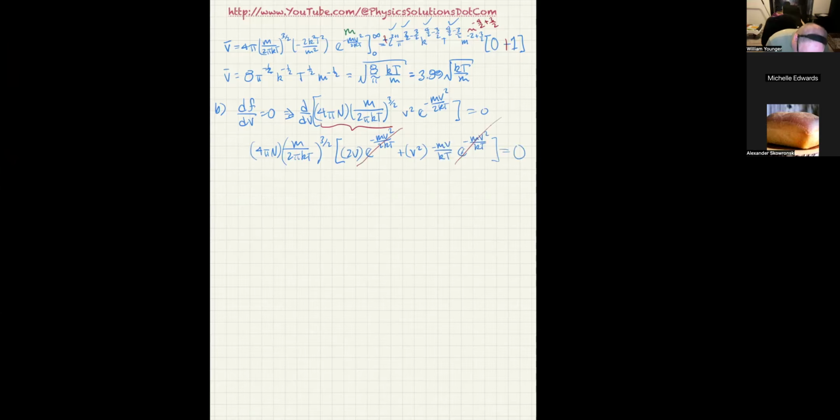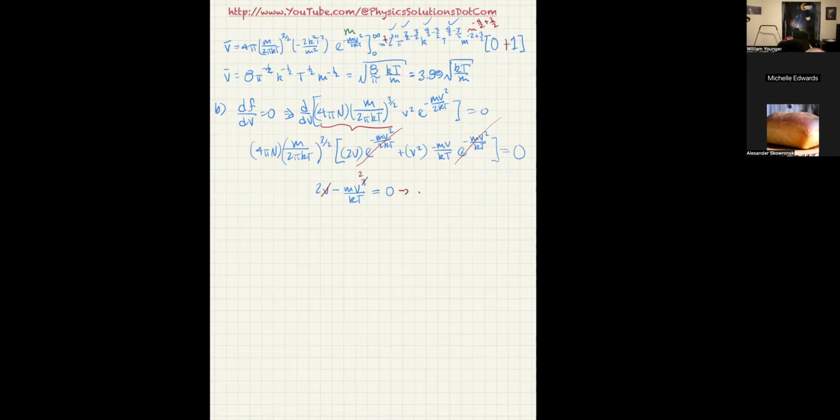So all I have now is 2v minus mv cubed over kt is equal to 0. So we can divide both sides by v and leave a 2 there and a nothing there.